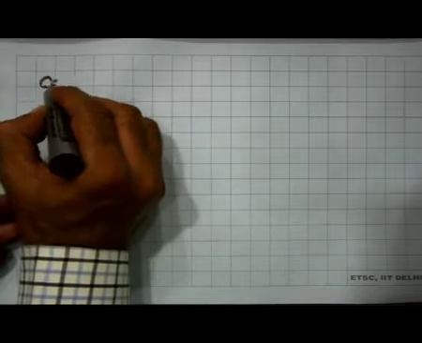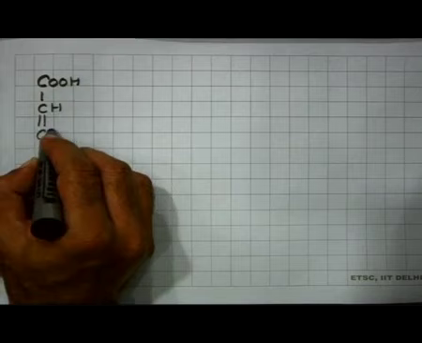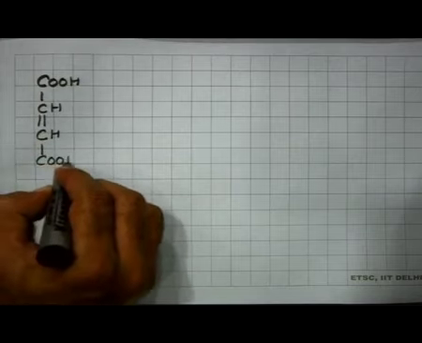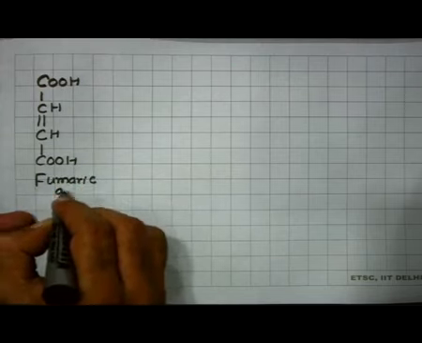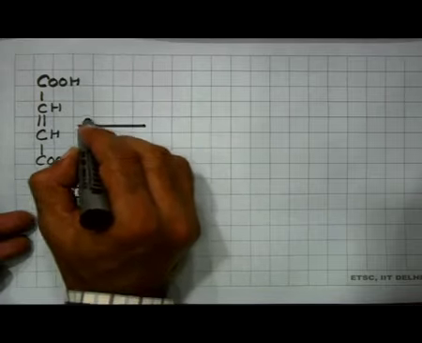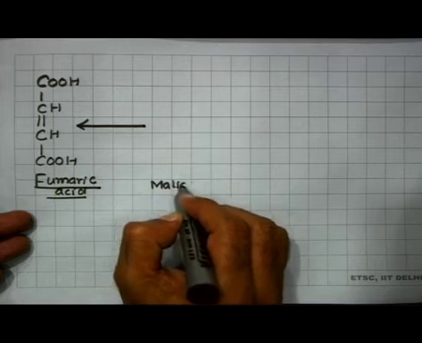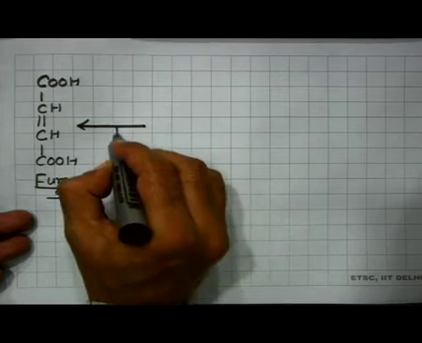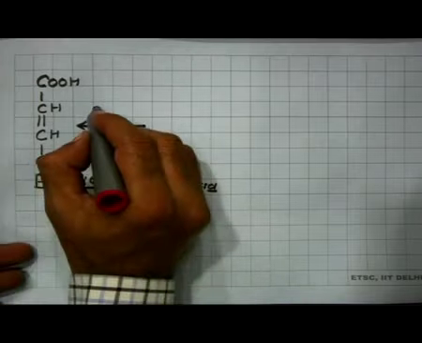So, the structure of fumaric acid is COOH, CH, double bond, CH, COOH, that is fumaric acid. This fumaric acid, after the addition of a water molecule, is converted into malic acid. Where is this water molecule going to be added? The enzyme involved here is fumarase.